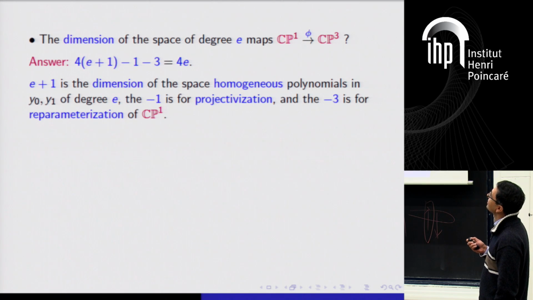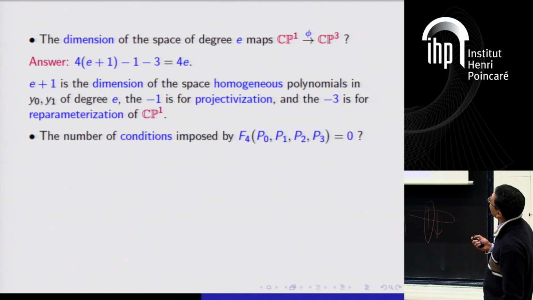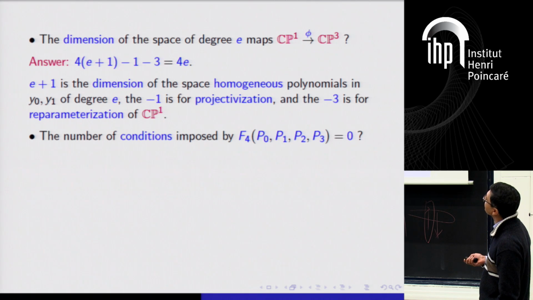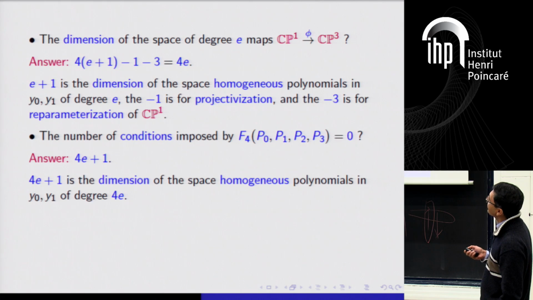So this is the number of variables we have, and how many equations do we have? Well, we have to find out how many equations this imposes on the coefficients of these polynomials. And the answer is 4e plus 1, because this is the dimension of the space of homogeneous polynomials in degree 4e. If we want this thing to be 0, and it lives in a space of degree 4e plus 1, that's 4e plus 1 conditions.